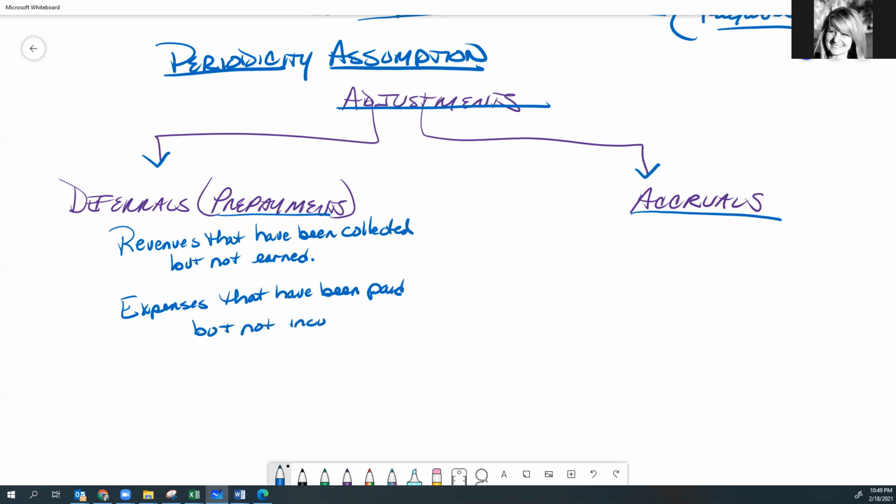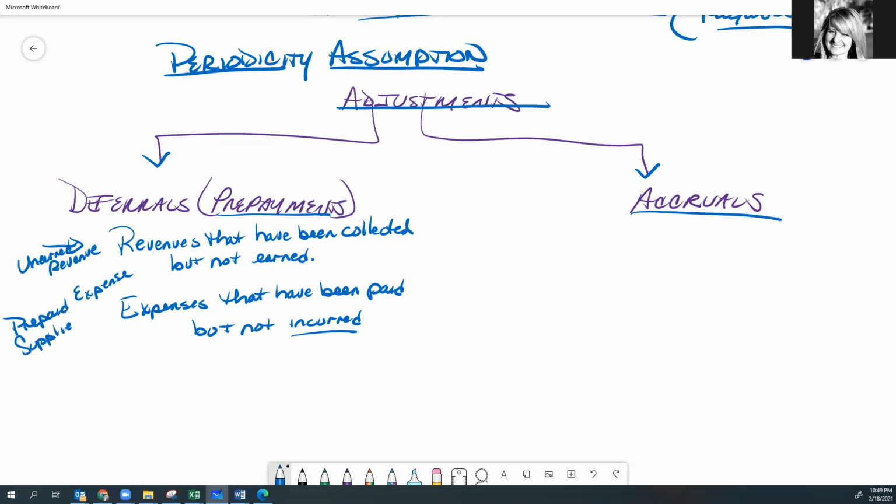So in our earlier chapter, when we had revenues that we collected but hadn't earned yet, we recorded those as a liability, unearned revenue. When we paid an expense that hasn't been incurred yet, we recorded an asset. It was usually called prepaid expense. So it could be prepaid insurance, prepaid rent, and we also have supplies.